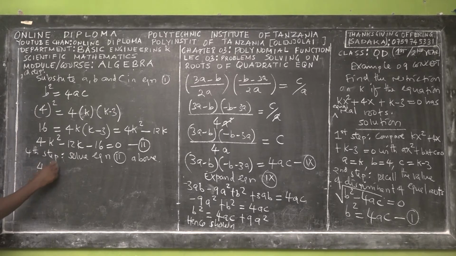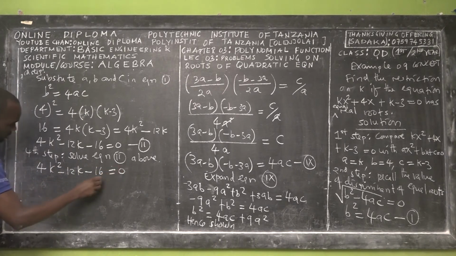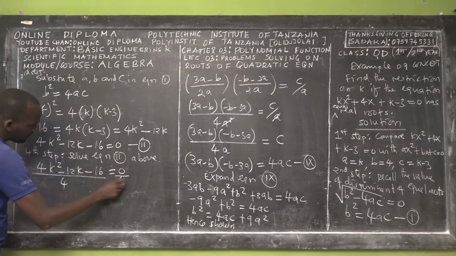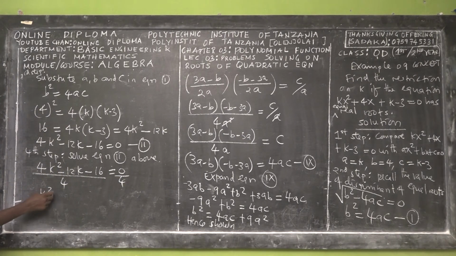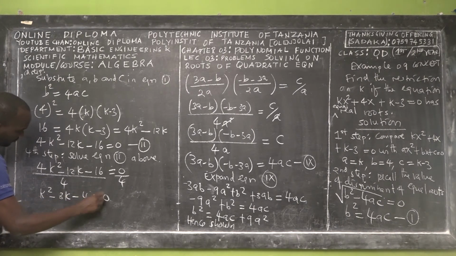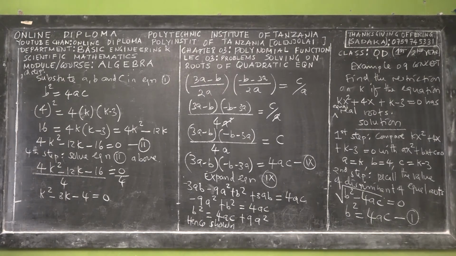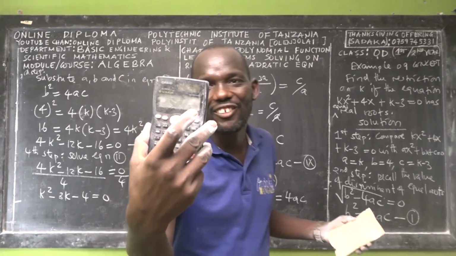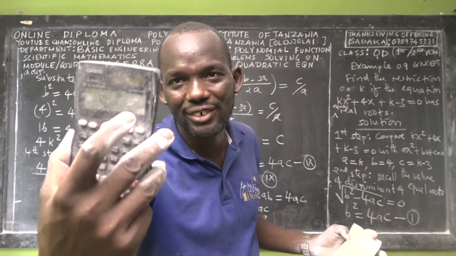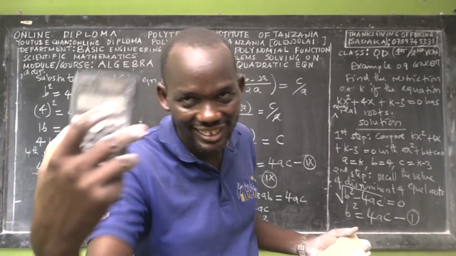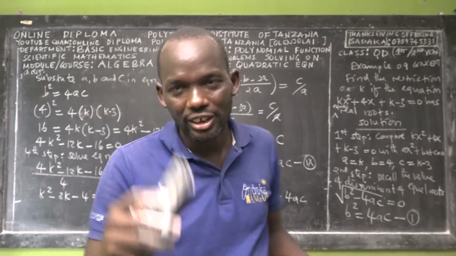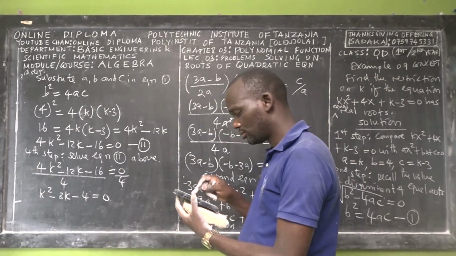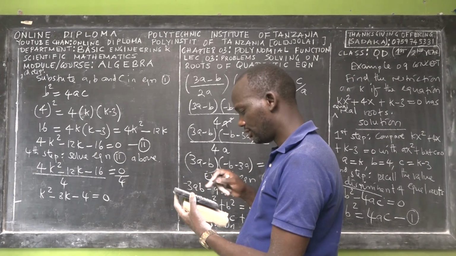Just to simplify, 4k squared minus 12k minus 16 is equal to 0, we may divide by 4, but it's not necessary because the right side is 0. So we can solve it using our scientific calculator, the Casio fx-991. You can order it online. Just click the show more button and you'll see the video that will direct you on how to order it.